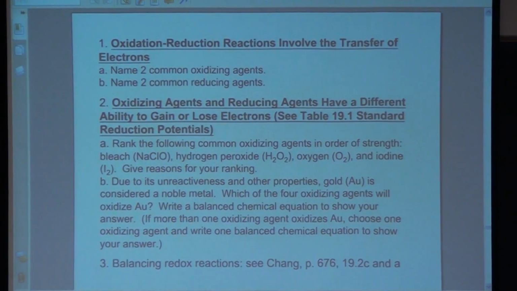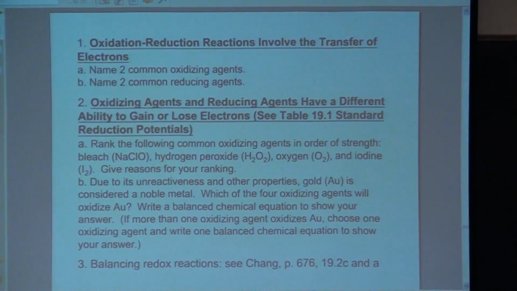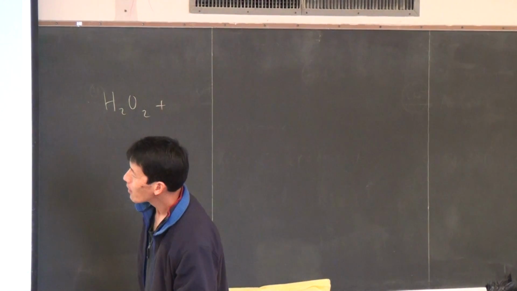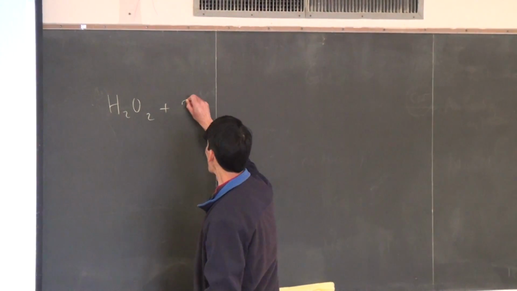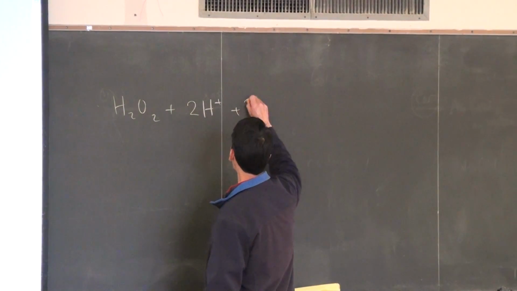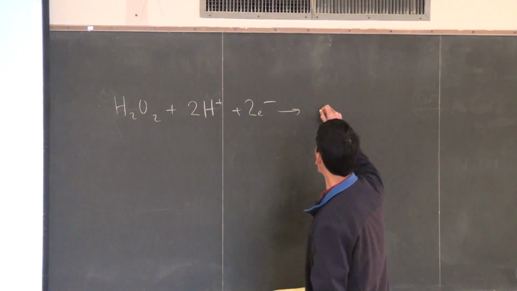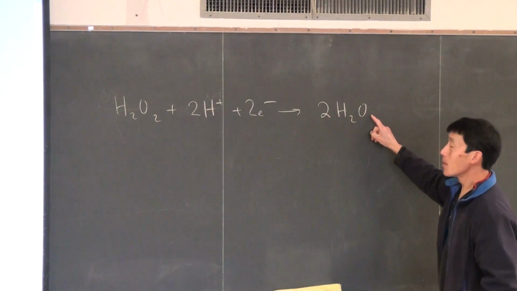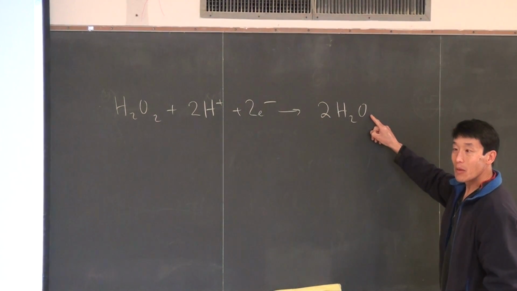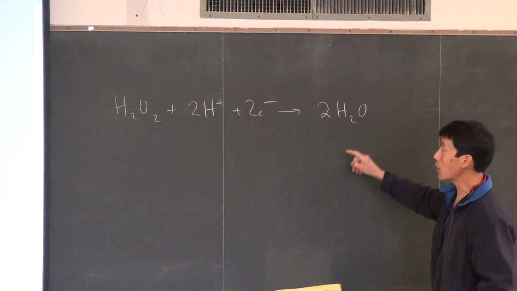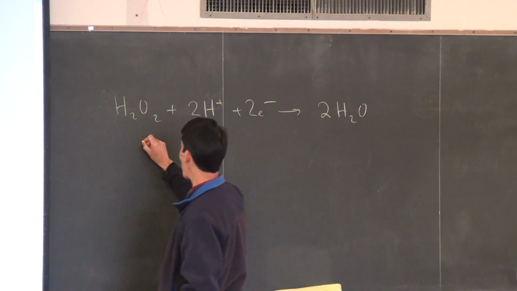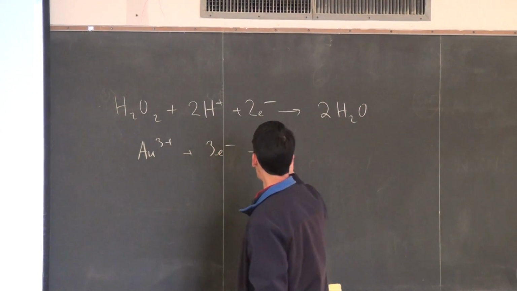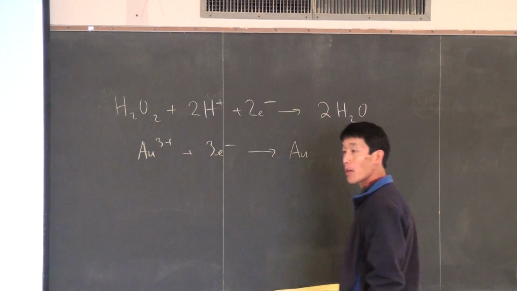For the H2O2, we have H2O2 plus 2H+ plus 2 electrons, and that forms water. Note that this is a reduction reaction. We can do the same thing for gold: gold 3+ plus 3 electrons to form gold.